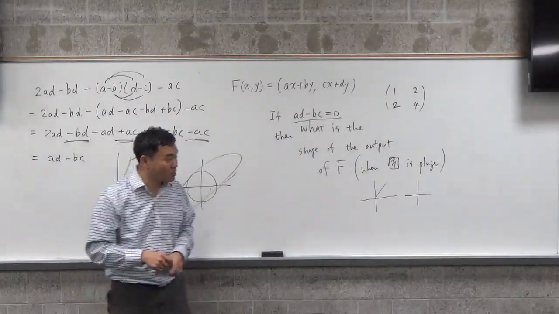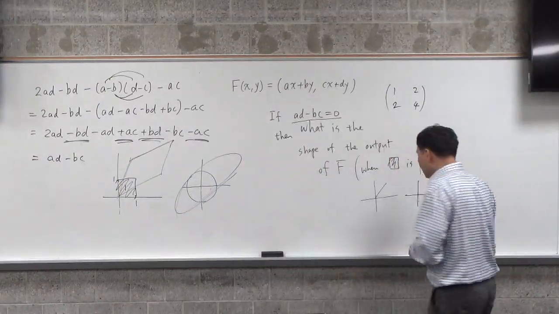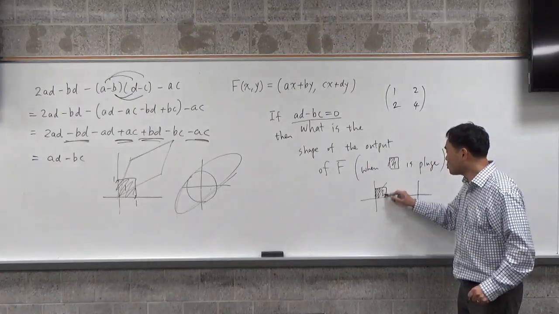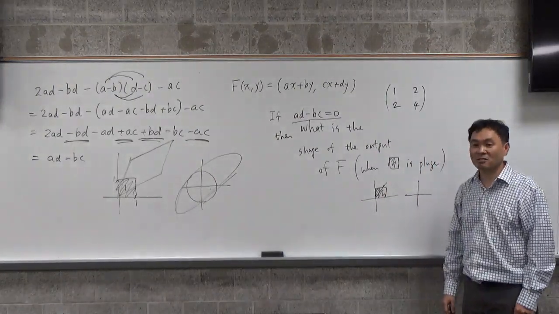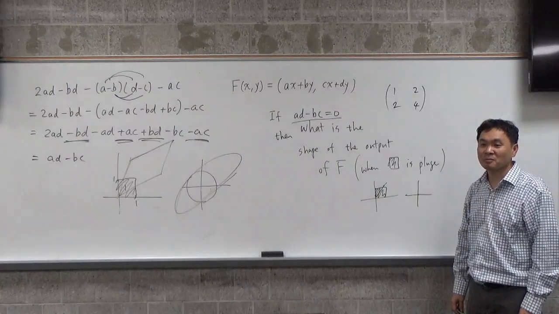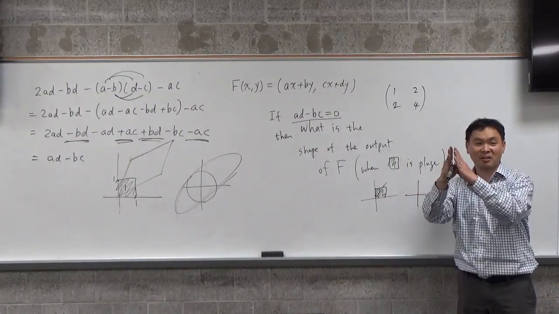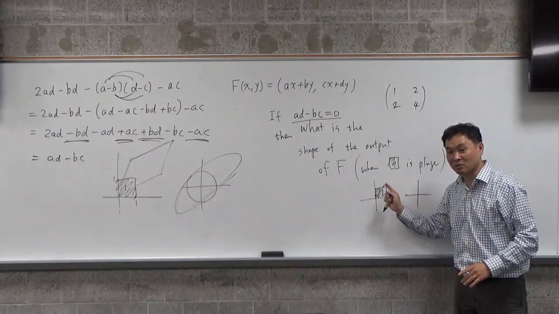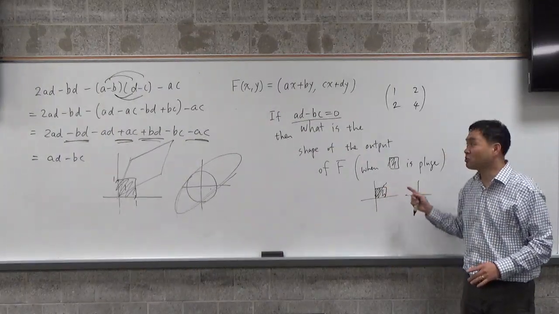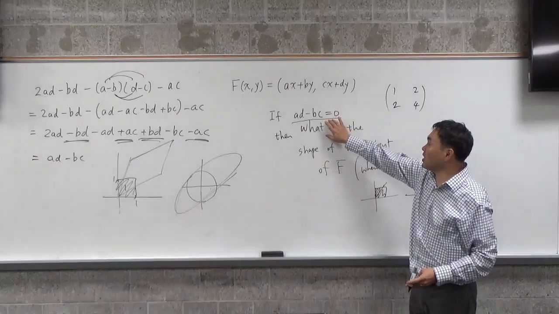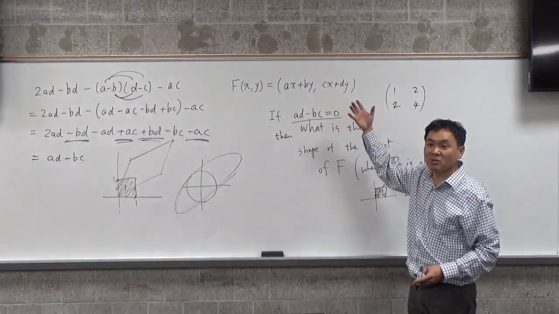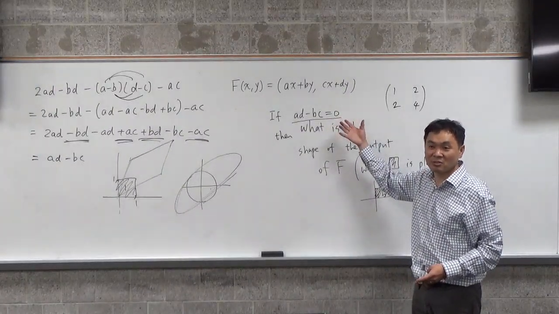Okay? So now here's a question. This entire square became this line segment. Can it be 1 to 1? No way, because that means that this is somewhat zapped into this single line segment. So that's why in such a case, if AD minus BC is 0, you cannot have an inverse.